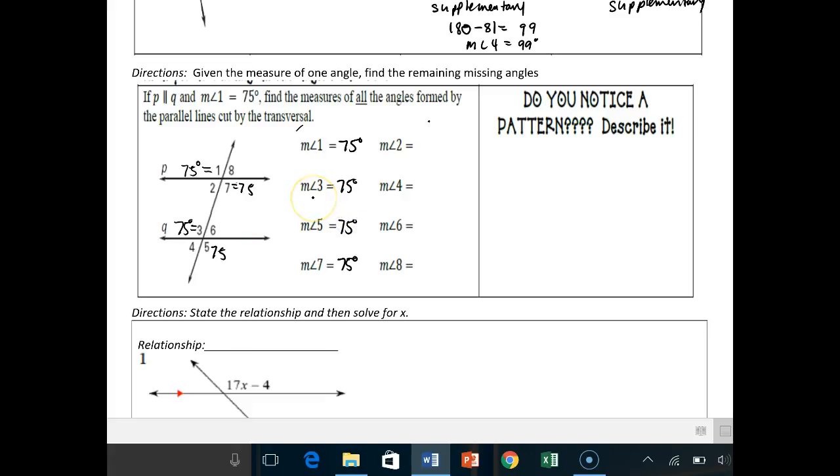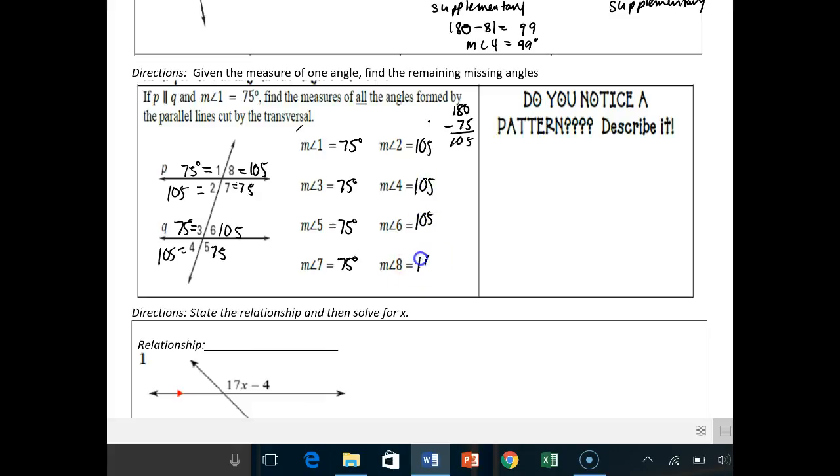Okay, so now to figure out all the rest, we just do 180 minus 75 to get 105. So angle 8 is 105 because it's supplementary with angle 1. Angle 2 is 105 because it's vertical with 8. Angle 6 is 105 because it's alternate interior with 2. And angle 4 is 105 because it's vertical with 6. So all of these are 105.